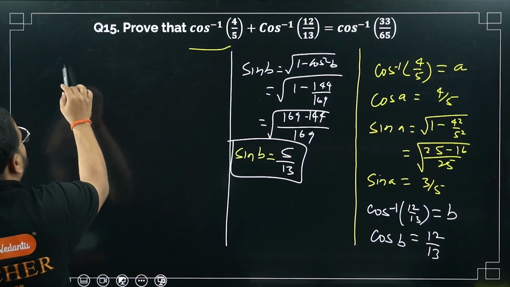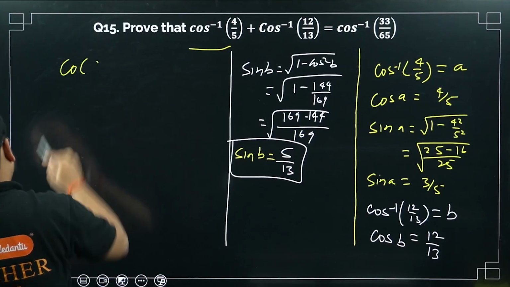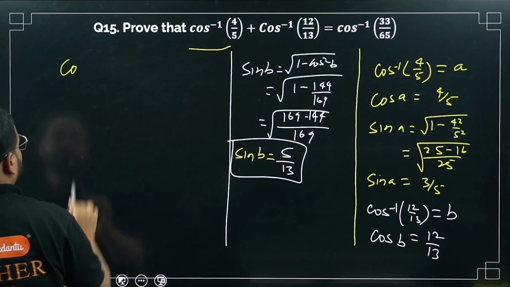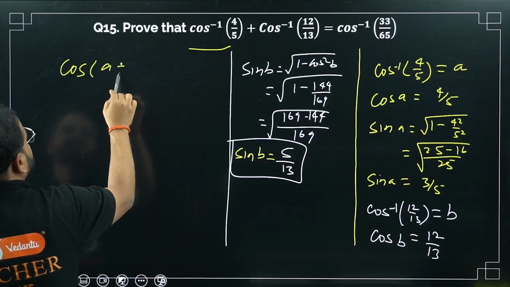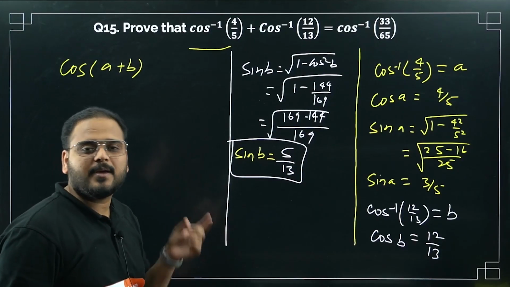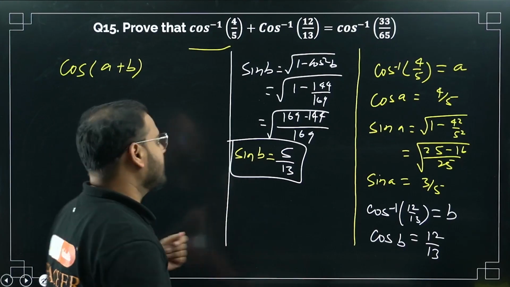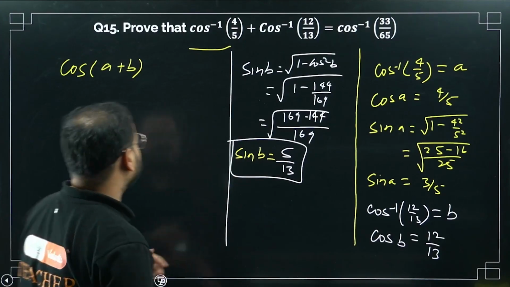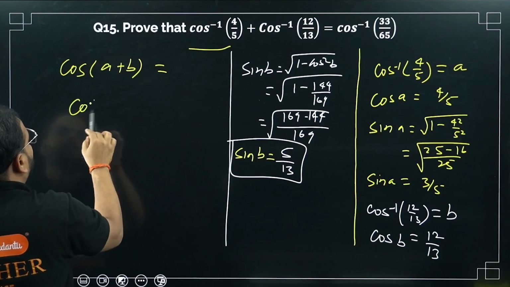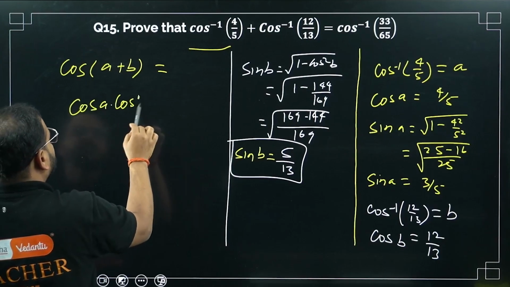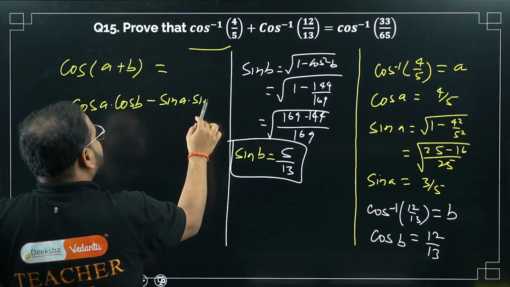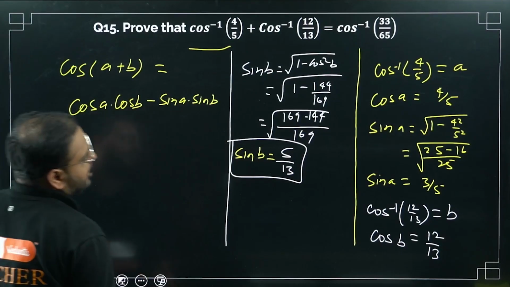If I'm writing here cos of A plus B. What's the formula for cos of A plus B? Cos A cos B minus sin A sin B. We know this. So please check here. This whole thing will become cos A cos B minus sin A sin B. Please put the value of cos A. How much is cos A, sir?